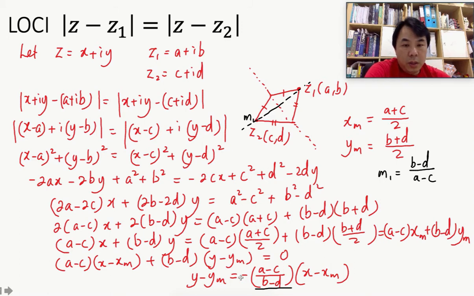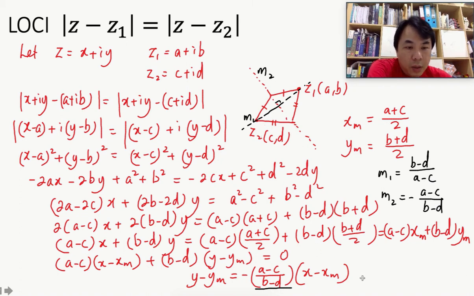We notice that this is the negative of the reciprocal. Therefore, that should represent another line that is perpendicular to the line connecting z1 and z2. I will label that as m2, which is negative a minus c divided by b minus d here. If you multiply m1 with m2, that will yield negative 1. That shows that m1 and m2 are perpendicular to each other.